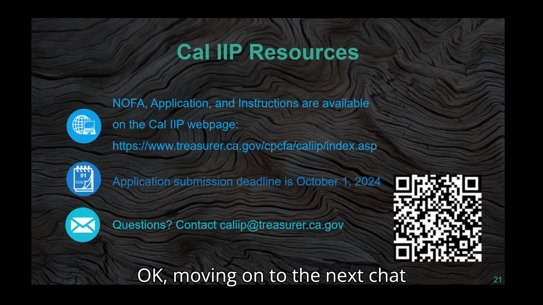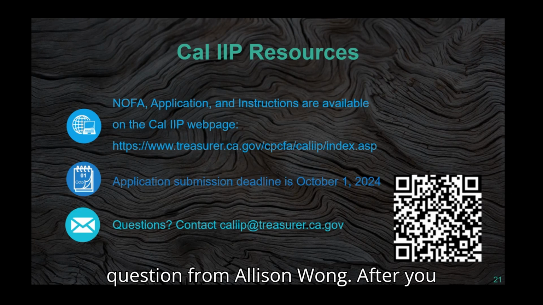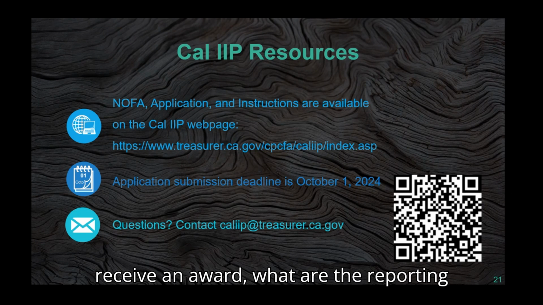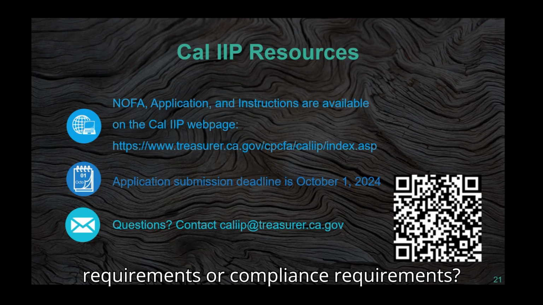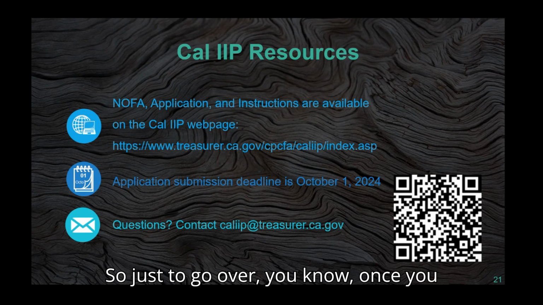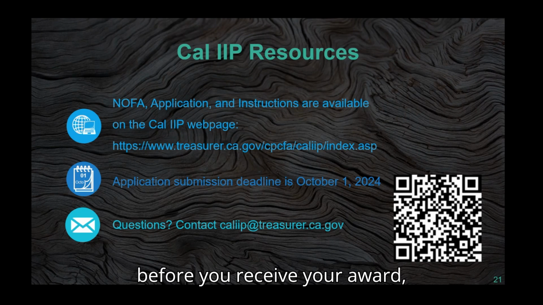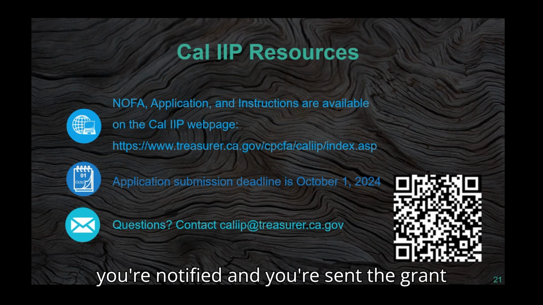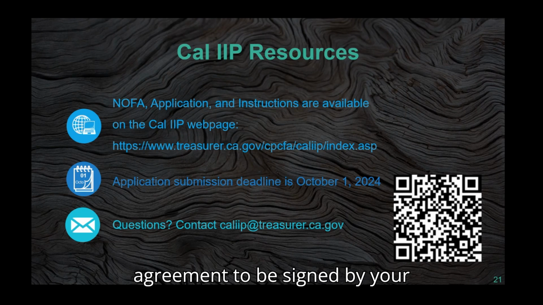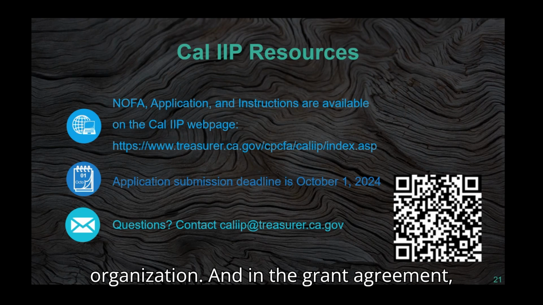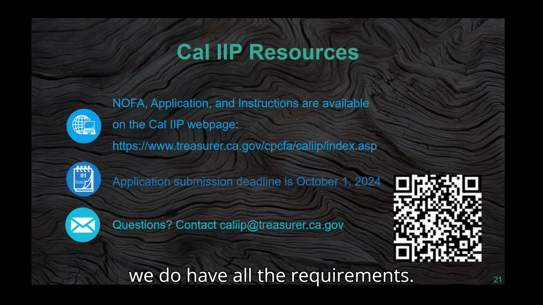Okay, moving on to the next chat question from Allison Wong. After you receive an award, what are the reporting requirements or compliance requirements? So just to go over, right before you receive your award, you're notified and you're sent the grant agreement to be signed by your organization. In the grant agreement, we do have all the requirements.